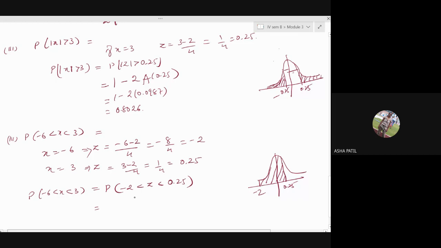What value will you add here? You want the probability from 0 to 0.25 and again minus 2 to 0. So minus 2 to 0 is the same as 0 to 2. So we'll write A of 2 plus again 0 to 0.25 means it is A of 0.25. So see what values are there, A of 2 and A of 0.25. To add them, that will give you these values.